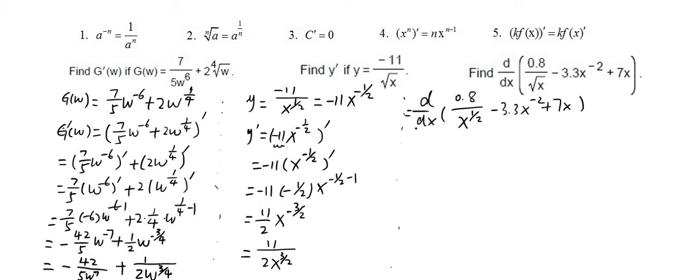Then we can use rule number 1, since x to the power 1/2 is a reversal process, so we put this as x to the power negative 1/2.